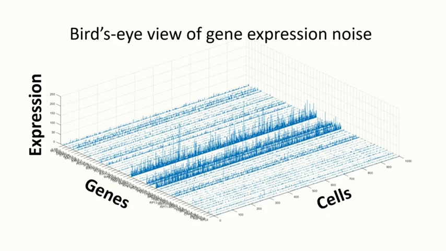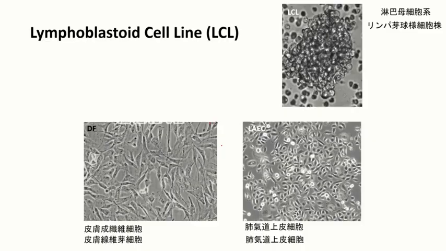But the variability is different. Some genes may have really high variability. Some may be wobbling, but still globally similar across cells. So we want to compare those two different types of genes, to see which is more important in terms of cell function.